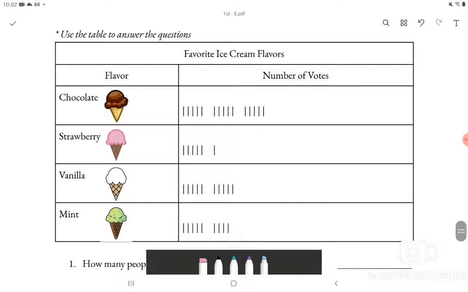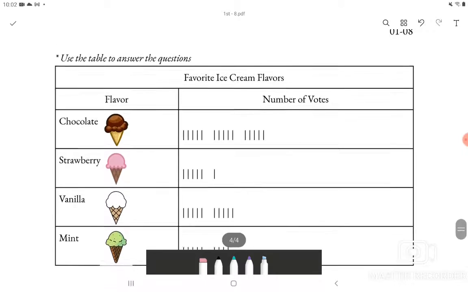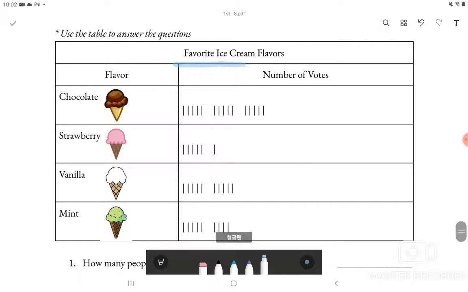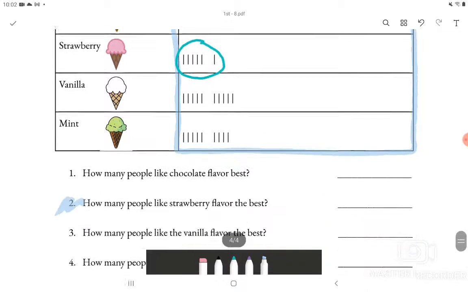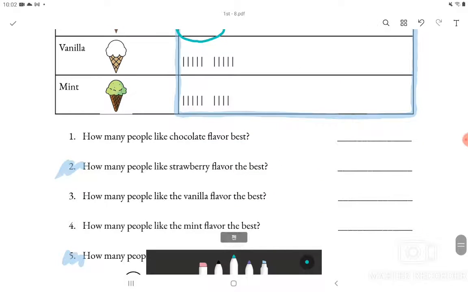So this side of the table shows the votes of people of which ice cream flavor they like the best out of chocolate, strawberry, vanilla, and mint. So when you want to find how many people liked the strawberry the best, you just have to look at the strawberry section. When you count the sticks, there are 6. So we know that 6 people like strawberry flavor the best.